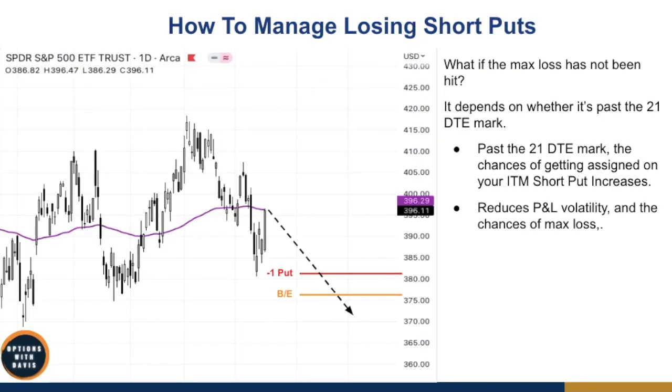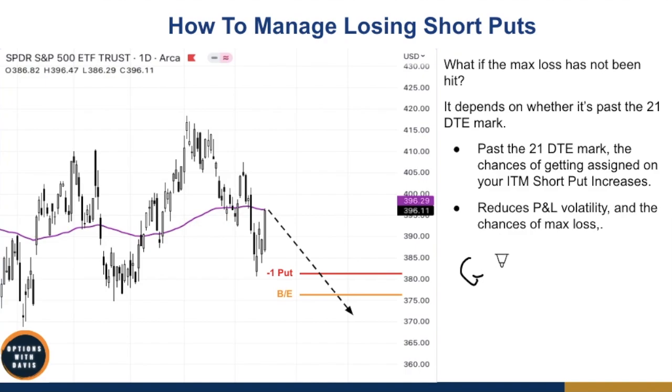Now, the next reason why we want to only manage once it's past the 21 days to expiration mark is because it reduces your P&L volatility and the chances of the max loss. Most of the biggest losses tend to happen when the option is near the expiration date, and that's because the gamma will start to really pick up, right?